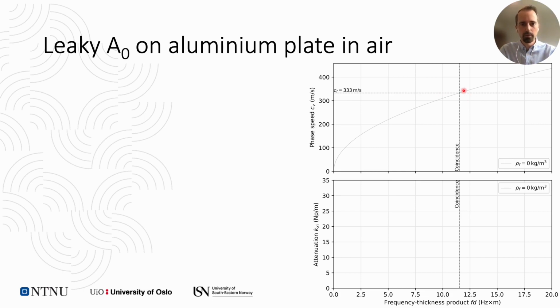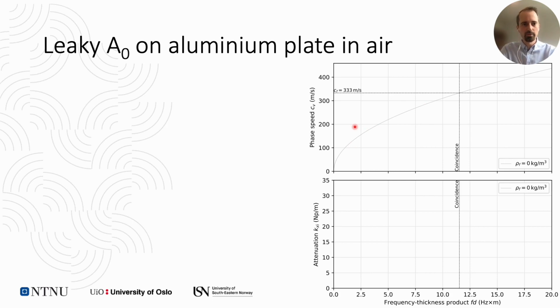And if you look up any acoustics textbook dealing with this, it'll tell you that above this coincidence, you will get a radiating wave into the fluid, whereas here below coincidence, you're going to get a non-radiating evanescent wave.